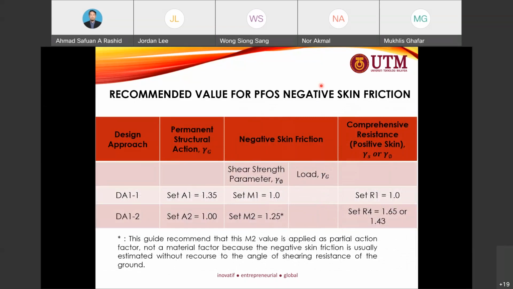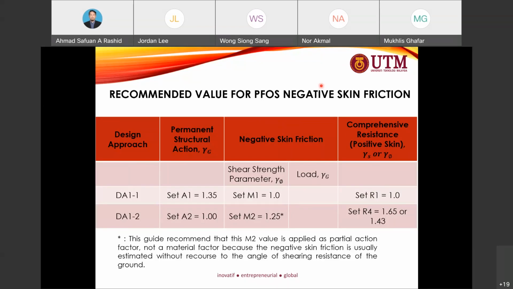For approach number 1, shear strength parameter, I guess there will be no difference, except for design approach combination number 2, where there is no difference on the permanent structure action.